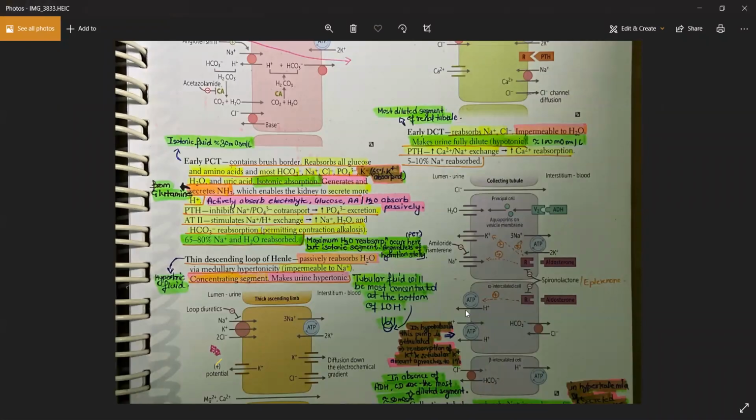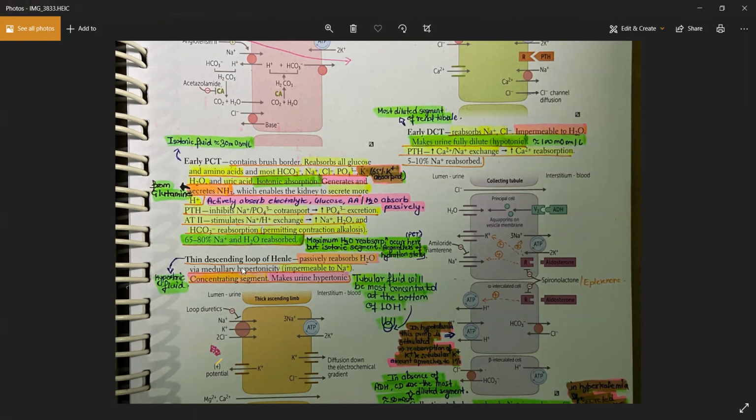So you will have more water absorption in the collecting duct. But see, around 80% of the water is already getting reabsorbed in the PCT, so only this 20% will be reabsorbed in the collecting duct. So whatever the game is, the ADH, the RAS, and everything, it's only acting on that 20% of the water.